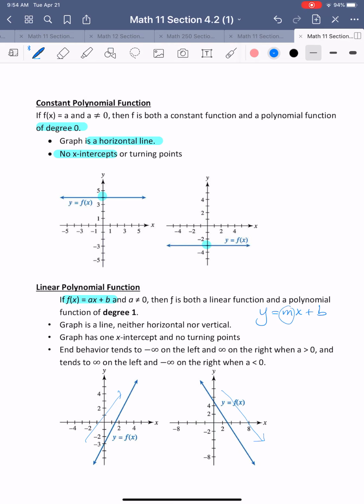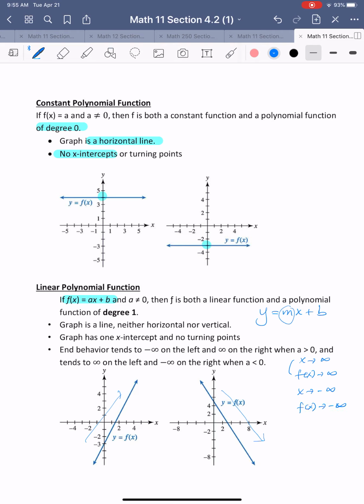End behaviors: when a is positive, as x approaches infinity, f of x approaches infinity together, and as x goes to negative infinity, f of x goes to negative infinity.